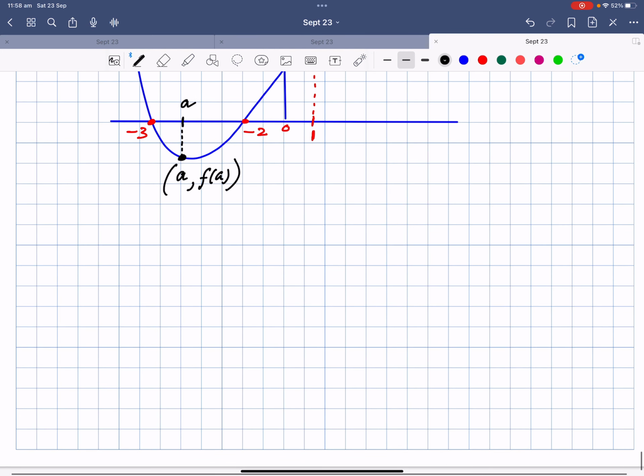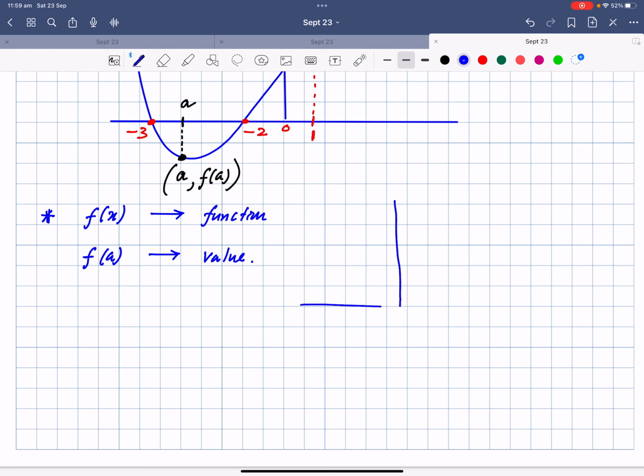Now importantly, we'll try to understand the difference between f of x and f of A. This is a function. Function means it's a curve. It's a plot, a lot of values because x is changing. What about this? f of A is a value. Example. Suppose this is your f of x. f of x is this whole curve.